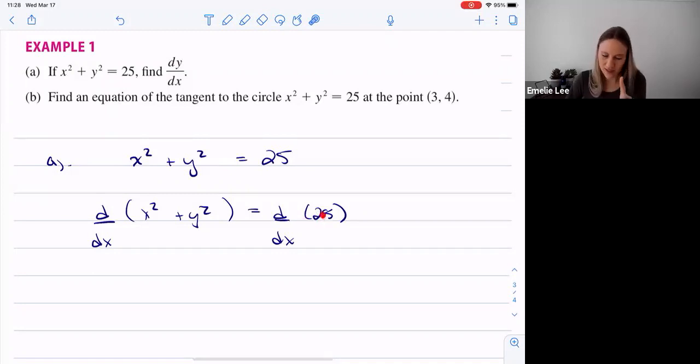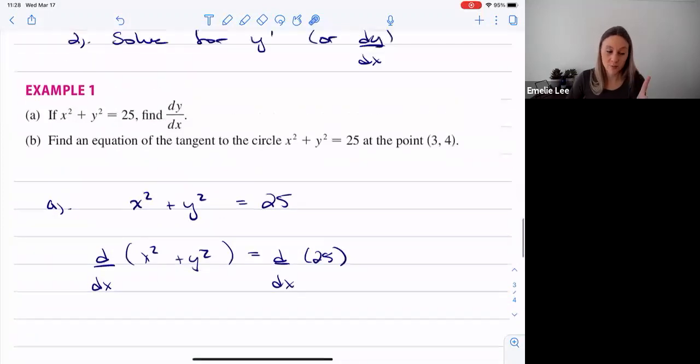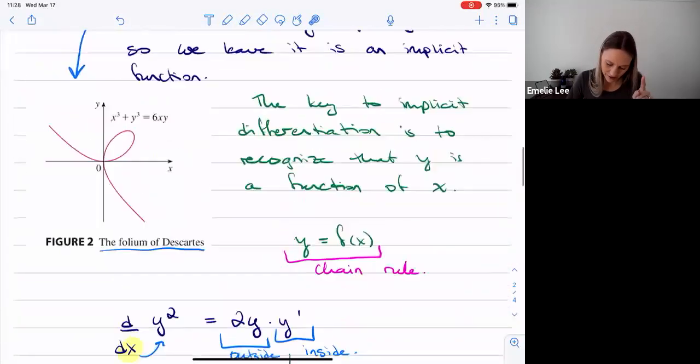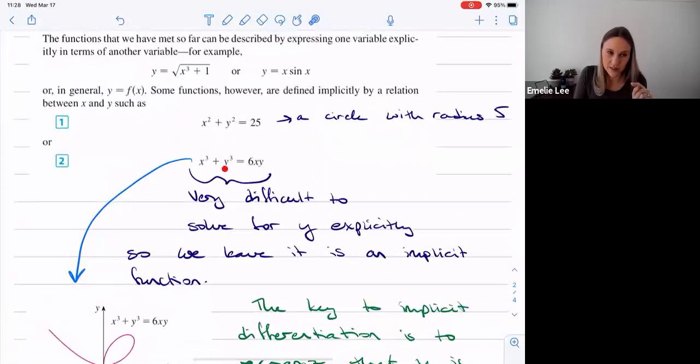And what's nice is especially if you have a constant over here, it goes to 0, right? And it kind of cleans it up a little bit. But yeah, so you want to take the derivative of both sides, especially because later, when we do this little guy, the x to the 3 plus y to the 3 equals 6xy, right? Then you definitely would have to take both sides.